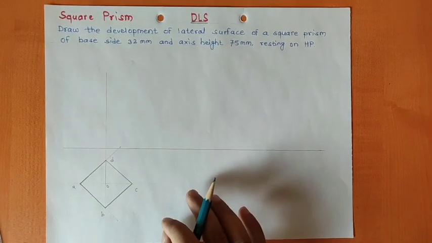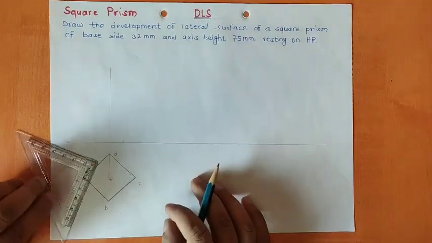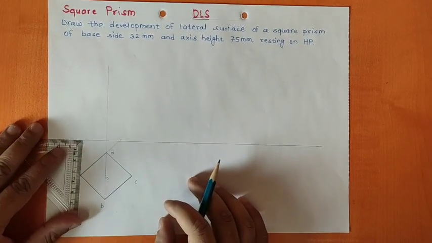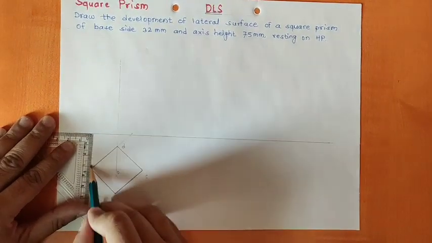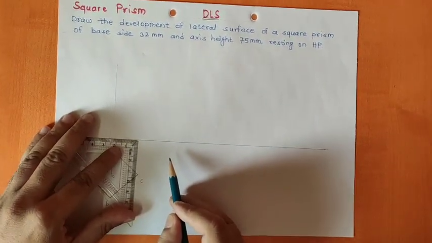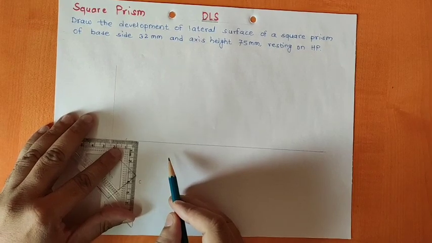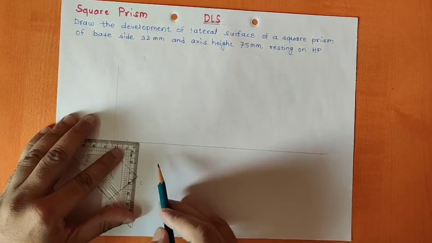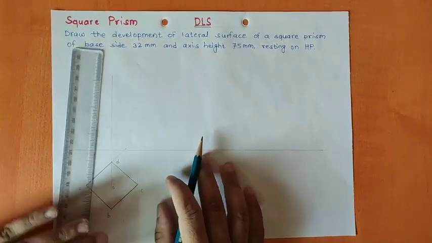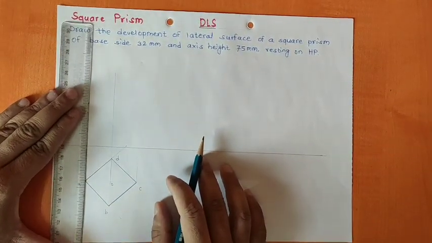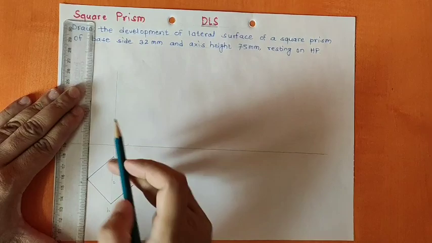Then again you can use your set square and draw a perpendicular line through A and a perpendicular line through C. Once you do that, you can extend these lines in the front view.